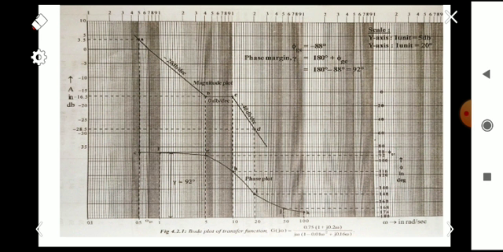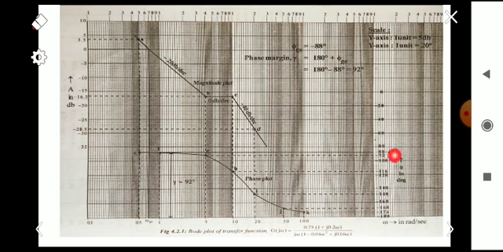And for finding phi gc, phi gc is the phase angle corresponding to this omega gc. So for finding the phase angle corresponding to omega gc, we have to extend this line to the phase plot and find the corresponding phi gc here.